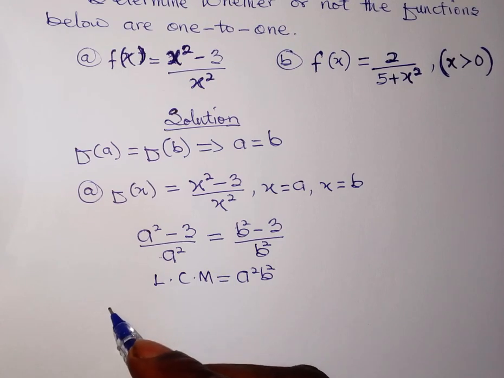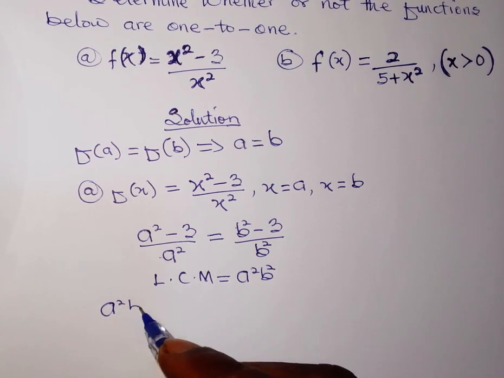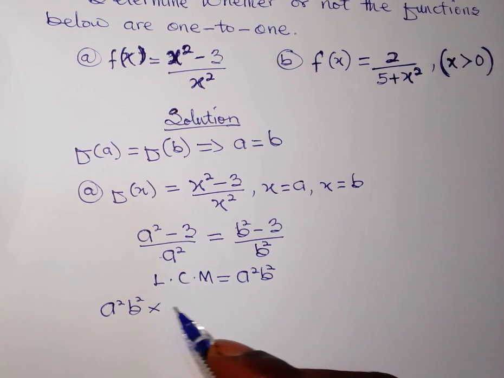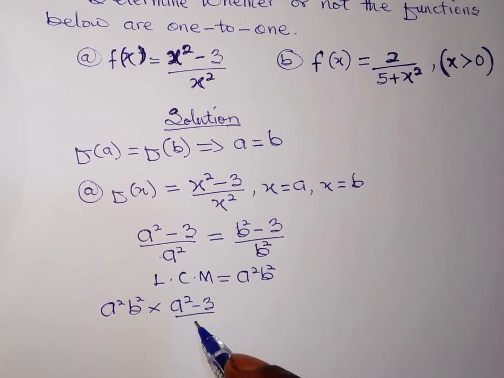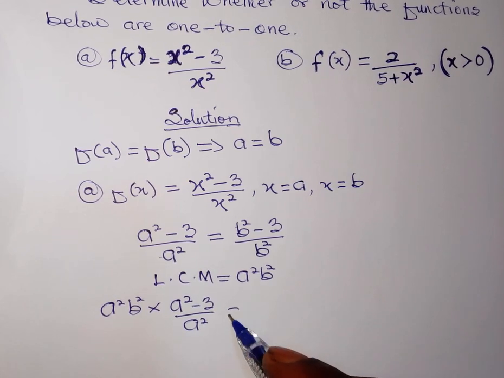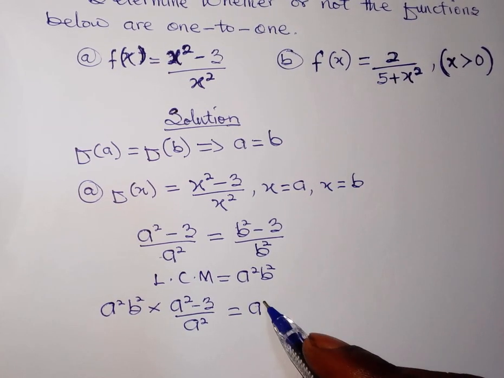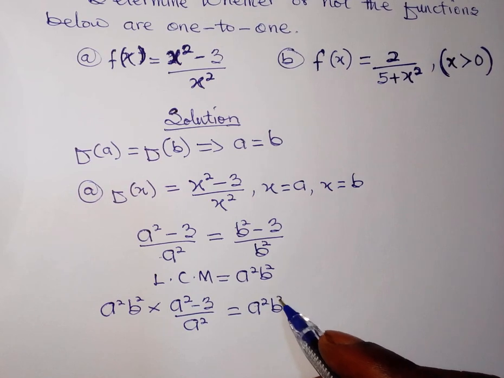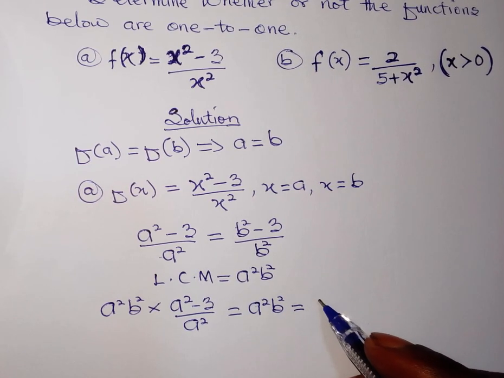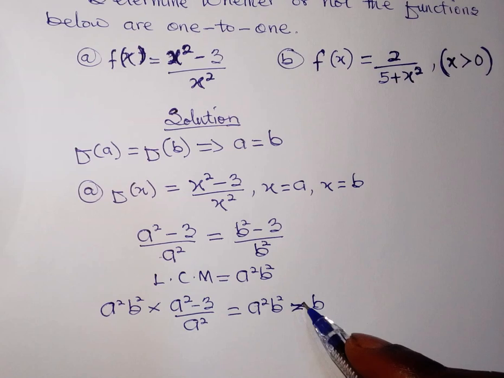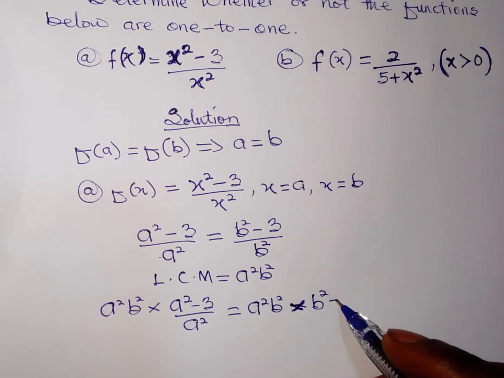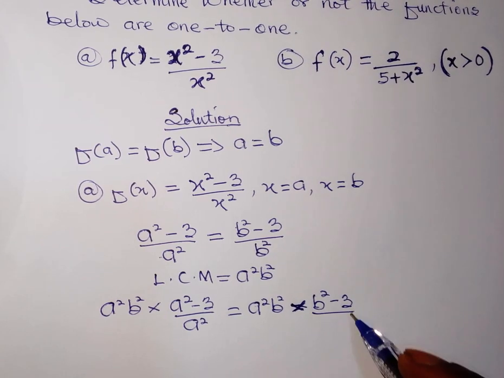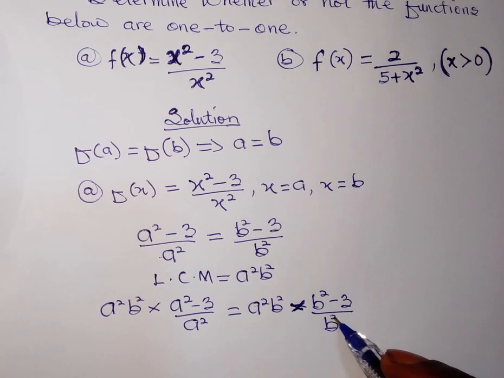So I'll multiply a squared b squared by a squared minus 3 all divided by a squared, which should give me the same a squared b squared multiplying the expression b squared minus 3 all divided by b squared.